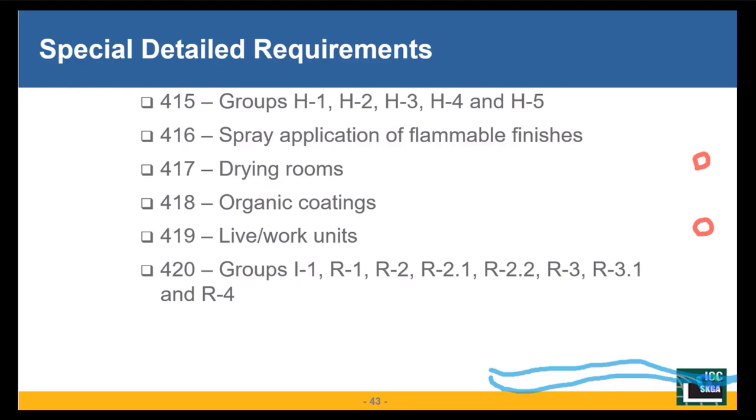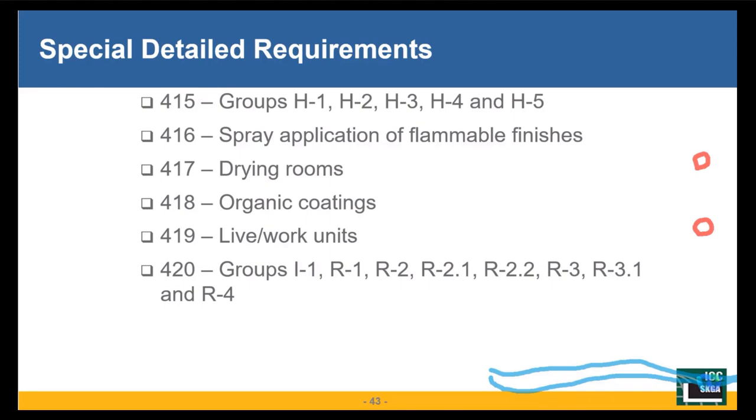You can see some of these special requirements are very, very critical to understand and apply. If you have organic coatings, it's very clear, Section 418 says such operations shall not be located in buildings having other occupancies. So you cannot have it in the same building where you have, say, a B occupancy or a mercantile occupancy or any other occupancy.